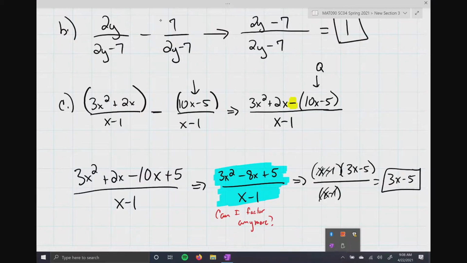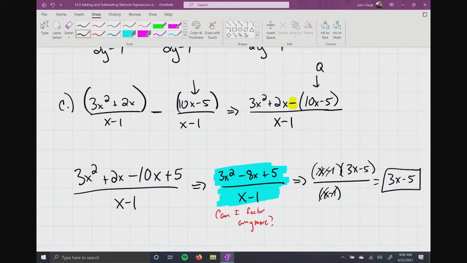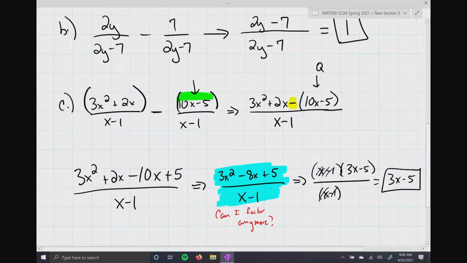When you set up this problem, you are going to be subtracting this entire numerator. So a really good and effective way to never ever forget that you have to distribute the negative sign, which is highlighted in yellow, is to put the second numerator in parentheses. Okay? That is the most important part. Are there any questions so far?